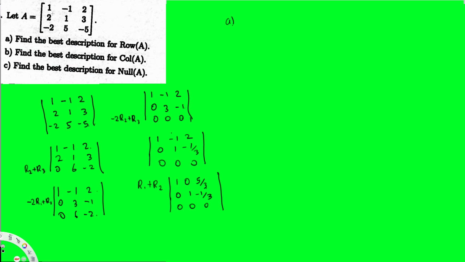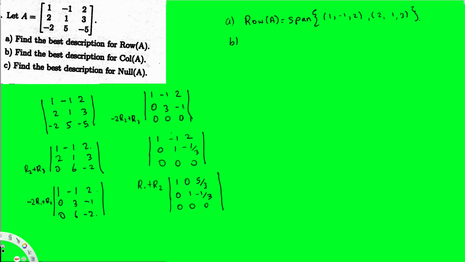If you see the original matrix, we have 1, minus 1, 2 and 2, 1, 3. That's what we have to write when we answer this question. So therefore, the row space of A is equal to the span of 1, minus 1, 2 and 2, 1, 3, and this is the answer for the first question.